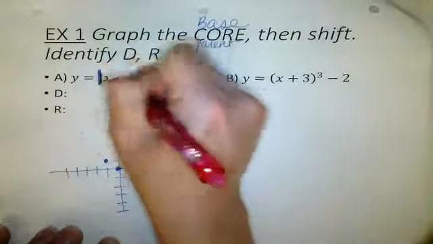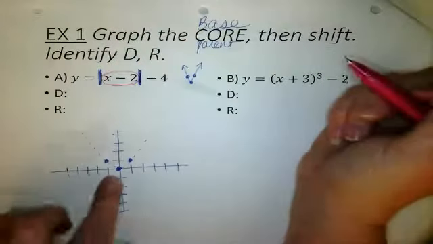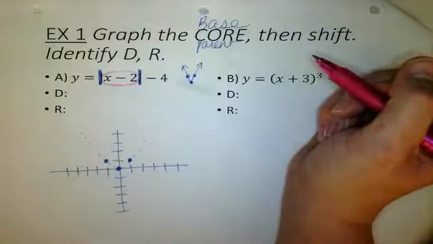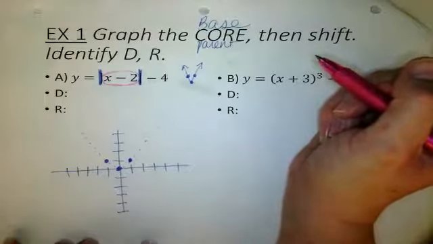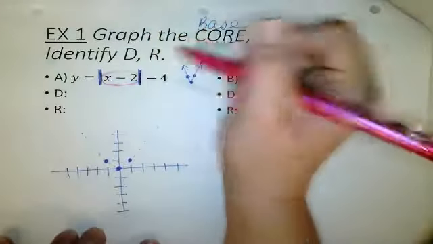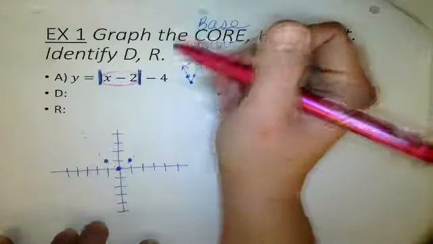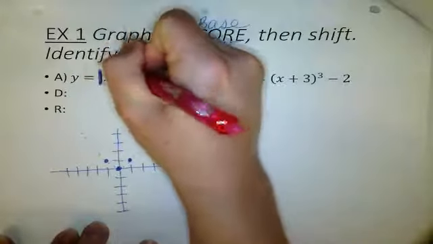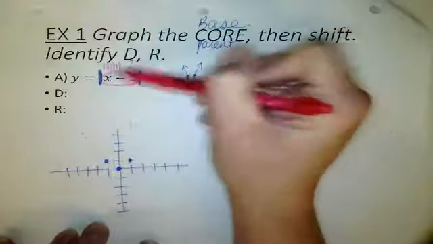How does x minus 2 move this base graph? Which direction does it go? Left or right? Right. Right 2 units. It's opposite of what it looks like.